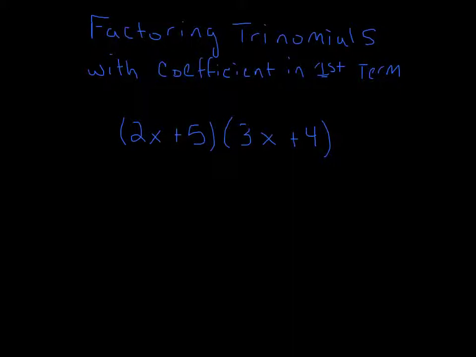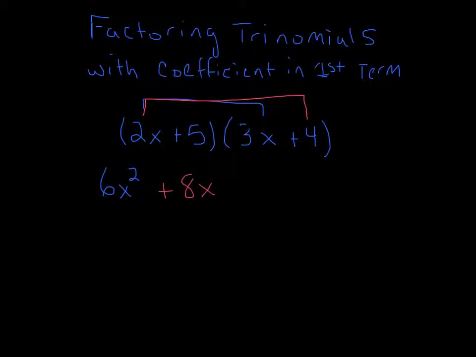Alright, so when we multiply this, right, we're doing our FOIL, right? So you do the first two terms first. Okay, 2x times 3x, and you end up with 6x squared. Okay, then the next part, we're going to do the outers, right? So the very first one and the very last one, that's the outer. You get 2x times 4, and you end up with 8x.